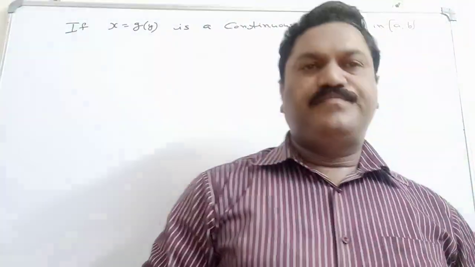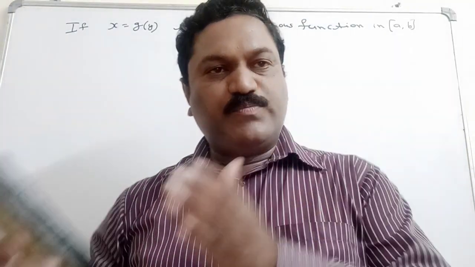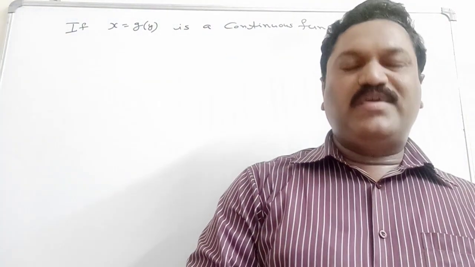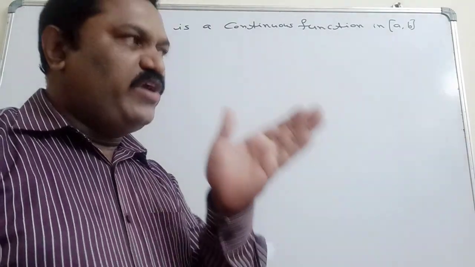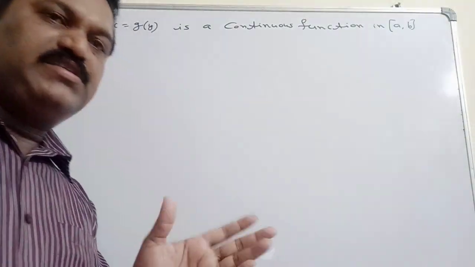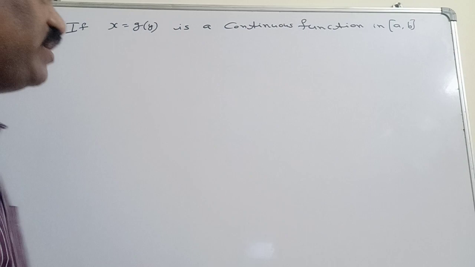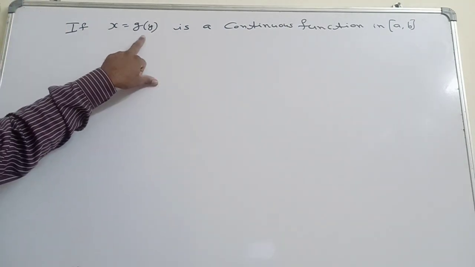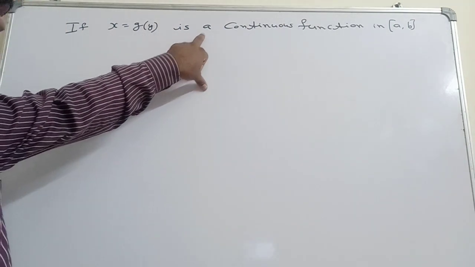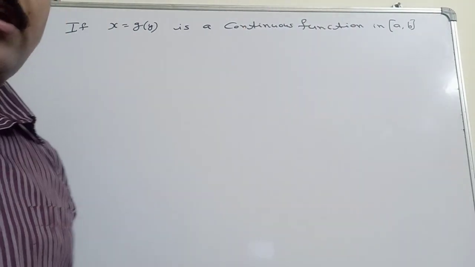Okay, similarly, suppose the curve is bounded with the y-axis, then how do you find the area bounded by this curve with the y-axis between the given limits? So to find that, suppose x is equal to g of y is a continuous function in the closed bracket a comma b.